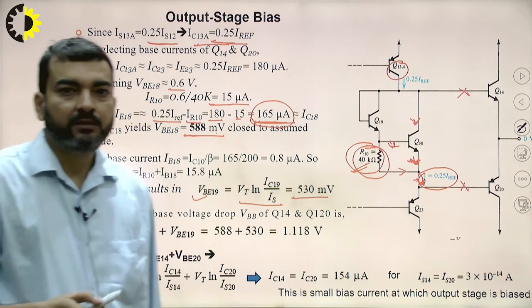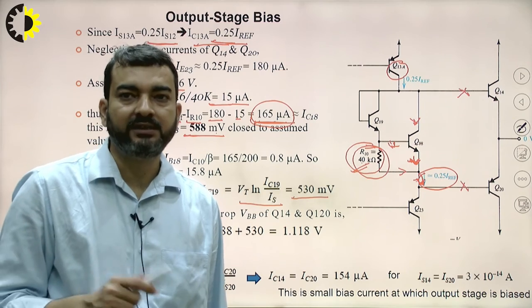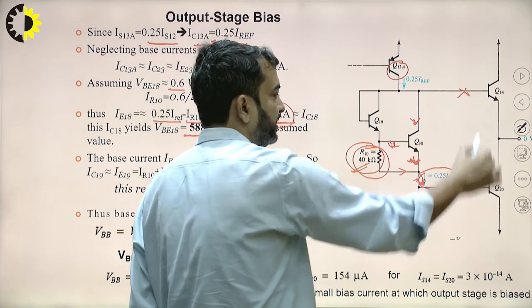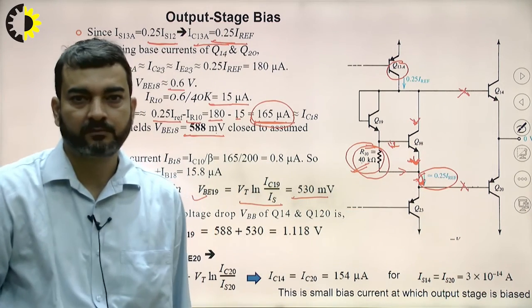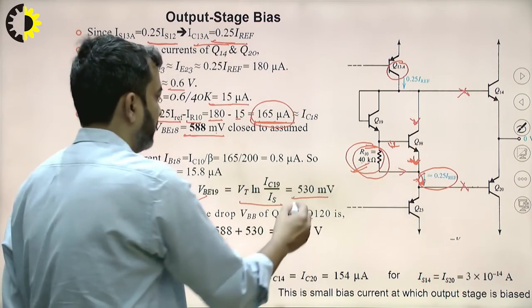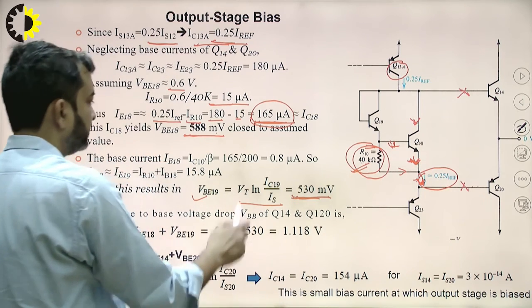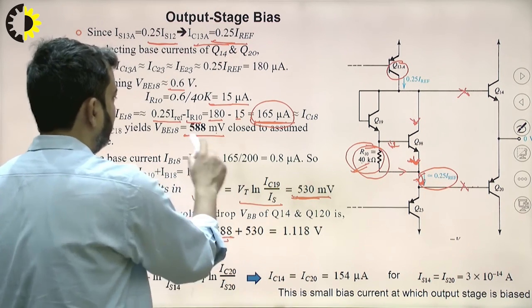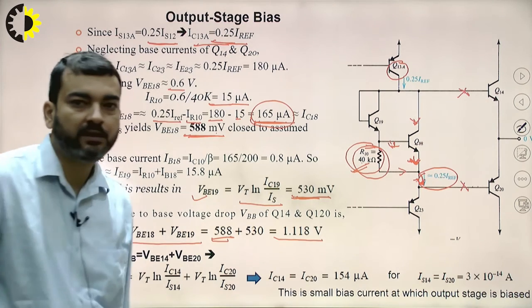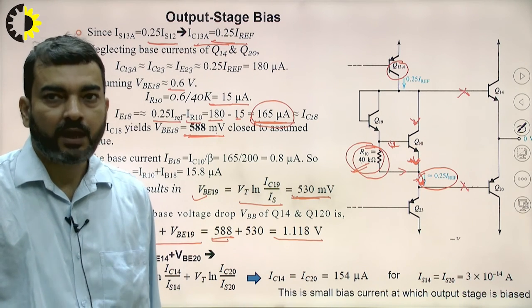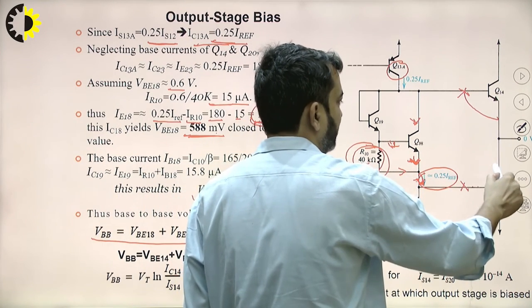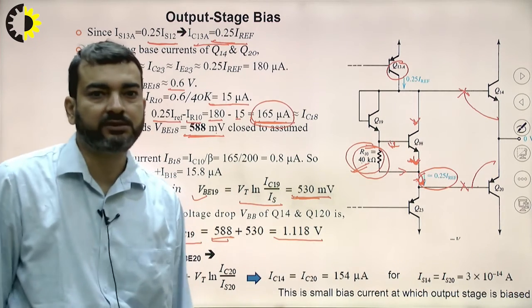So now what is the net base to base voltage? As we have already seen, the role of this network is to create twice the VBE drop between the bases of these two transistors. So the total base to base voltage is 530 millivolt plus 588 millivolts, which is 1.18 volts. Note that this base to base voltage is also equal to the base emitter voltage of transistor Q14 plus the emitter base voltage of transistor Q20.